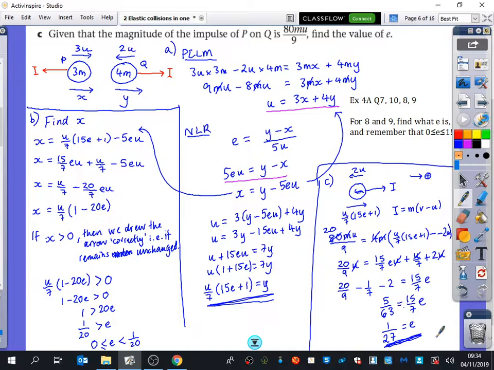Is that bigger than 1 over 20 or smaller than 1 over 20? Smaller than 1 over 20, so it fits inside our range of values that we've got here, which is nice.